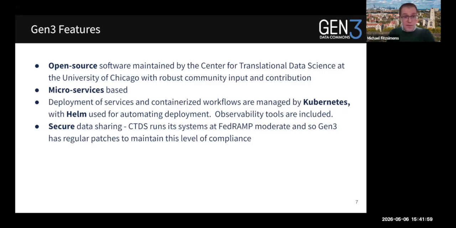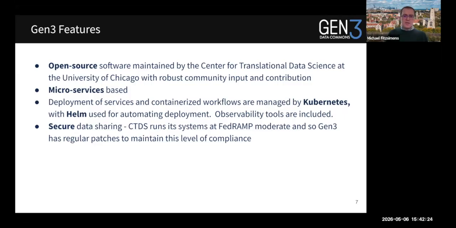You don't need all of them for your particular Gen 3 deployment. Deployment of services and containerized workflows are managed by Kubernetes, with Helm used for automating deployment. Observability tools are also included, allowing you to look into who's downloading data or how much data is being downloaded, etc. It supports secure data sharing.